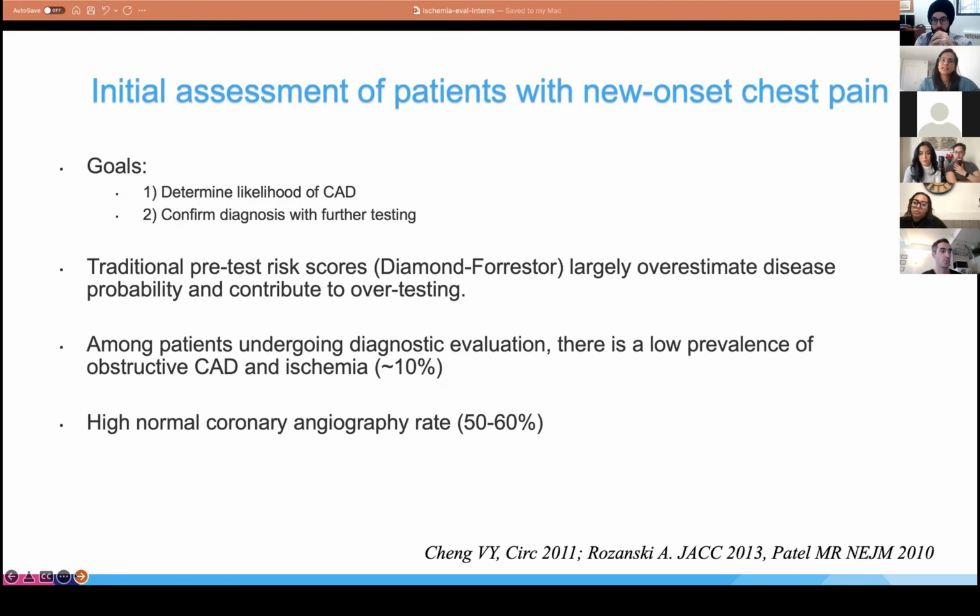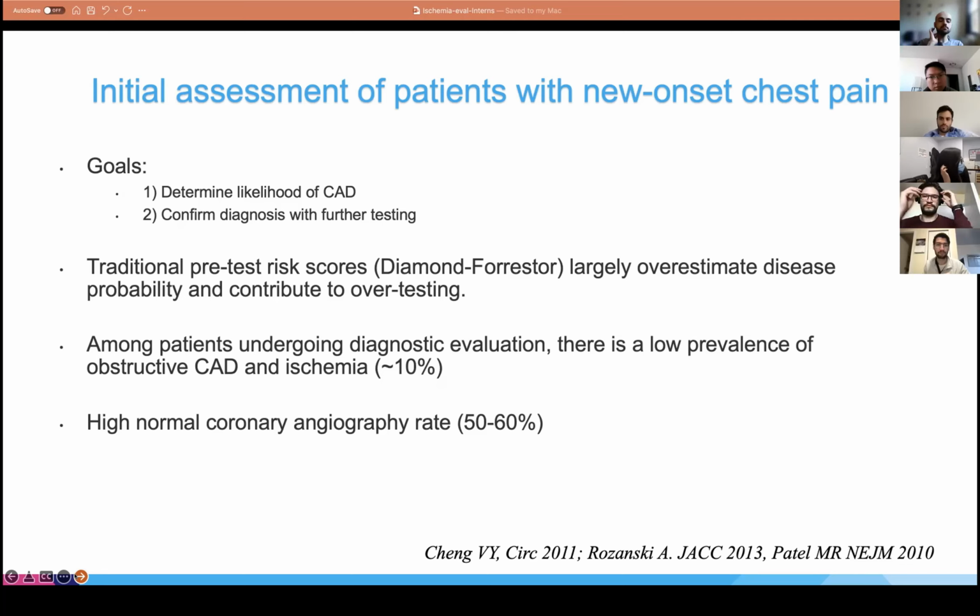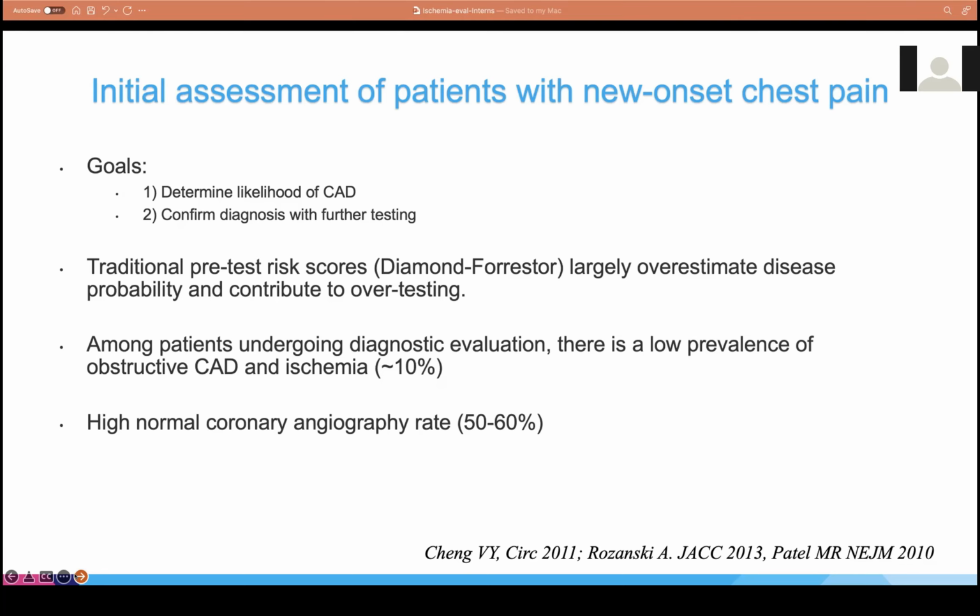This suggests, are we really over testing? Do we really need to test everybody? It's also seen in patients who are referred for cath. These are patients where the physician thinks there is a really high likelihood of disease, yet even among those patients there is a very high rate of normal angiography. About 6 in 10 patients have normal coronary arteries.